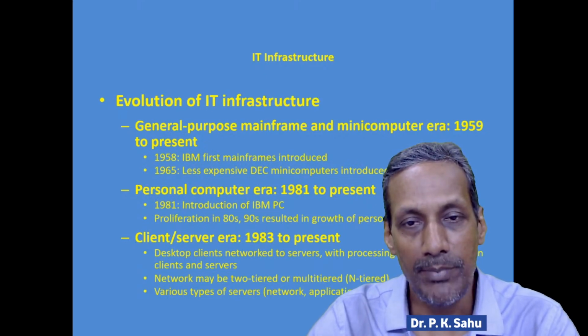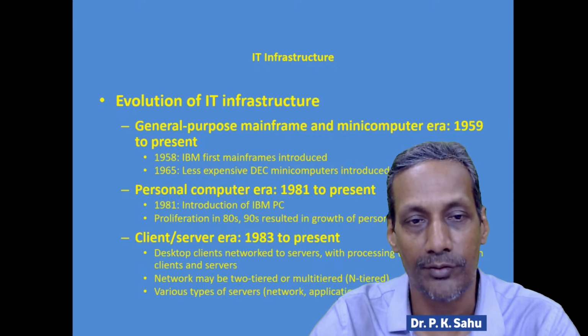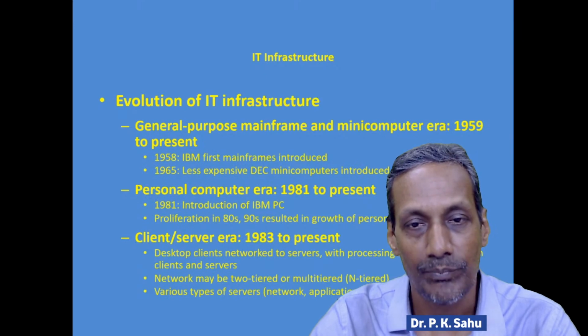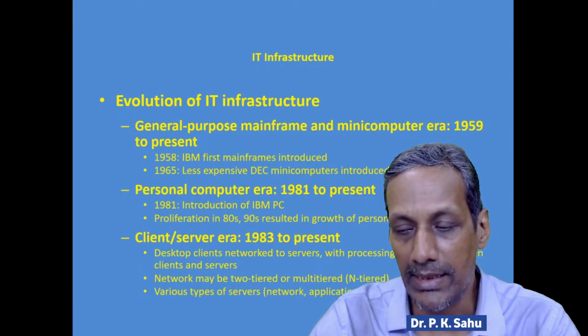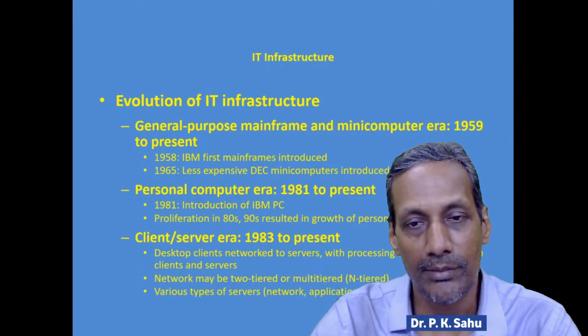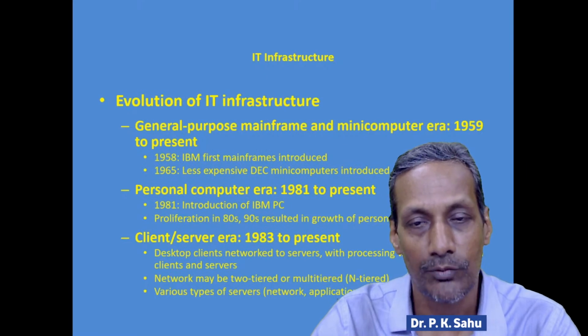because the IBM personal computer was introduced in 1981, and it proliferated in the 80s and 90s, which resulted in the growth of personal software that laid the foundation for application software. In 1983, we made a shift from the traditional file approach to the database management approach, which is called the modern approach.